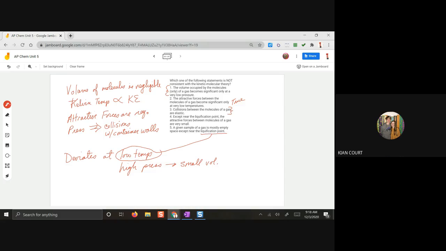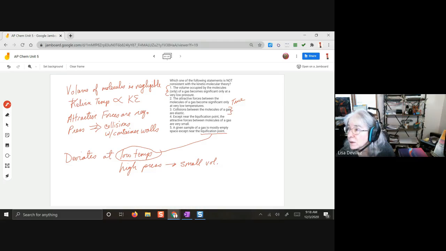Ms. DeVilly, on Otis, the Unit 4 test isn't marked as graded, it's marked as turned in. So could you mark it as turned in so that we can look at them? Oh, okay. Hang on.